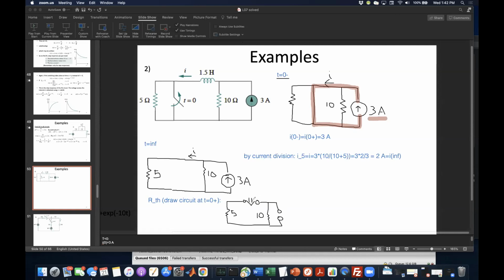We're looking from the point of view of the inductor. Remember that at time equals 0 plus, the switch is open, so basically all we have is this path here. So what is the value of RTH in this picture? Let's see what the audience says. 15 ohms, excellent.